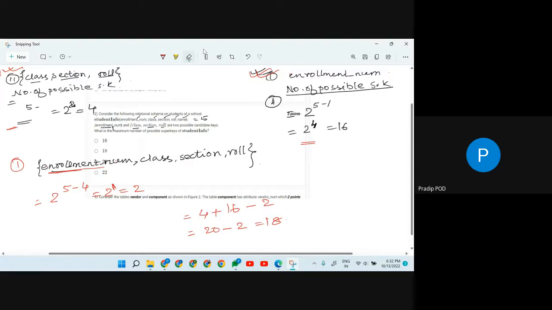What is a candidate key, what is a super key, and what is a primary key? That is also clear. So from this, how will you determine the primary key? You have your candidate keys and your super keys. There are two possible candidate keys, so you have two options to choose the primary key.